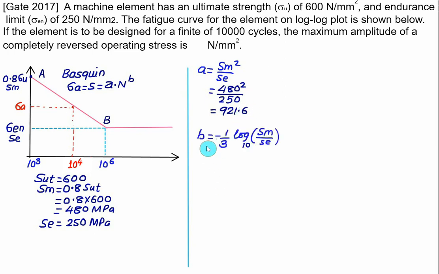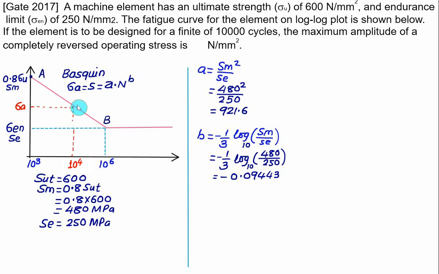Constant b we find as minus 1 by 3 log of SM by SE to the base 10. So that will be equal to minus 1 by 3 log of 480 by 250, taking the log to the base 10. So this constant will be close to minus 0.09443. So we are ready with both constants A and b.